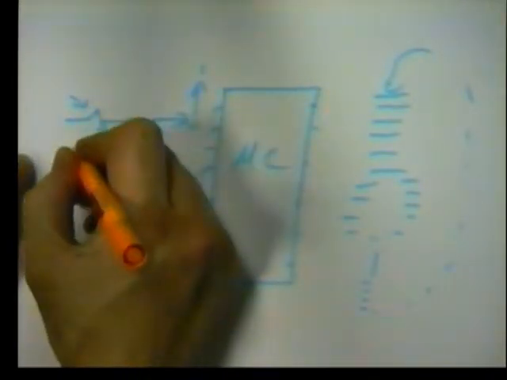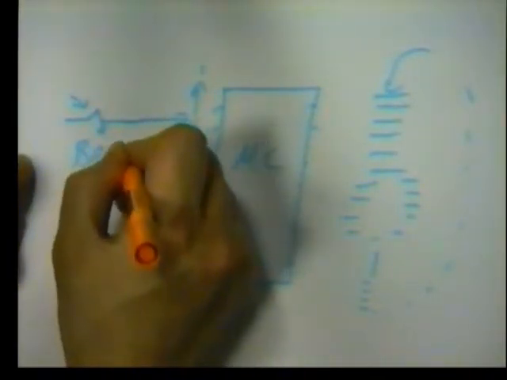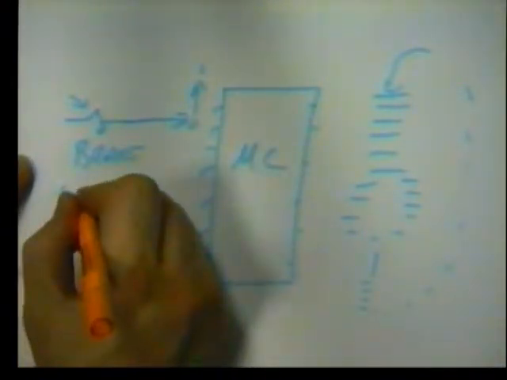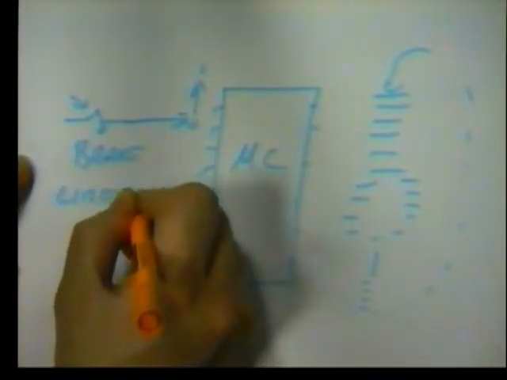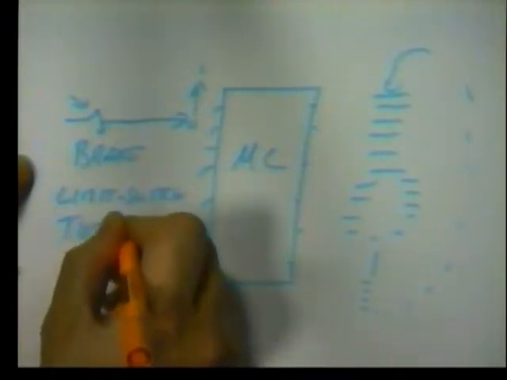Now, I've said that could be a brake, or the other example I gave was a limit switch, or it could be a timer. Whatever the cause of the event, something has finally signaled a binary signal to our computer. It says, I was off, but now I am on. So it's a rising edge event. It's a rising signal.